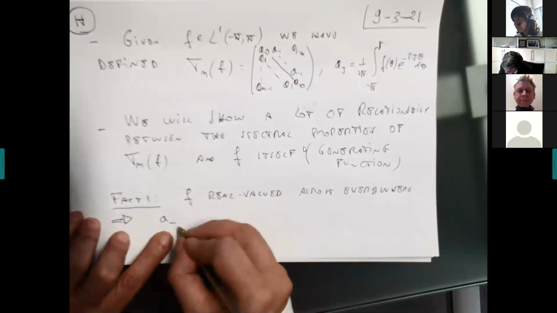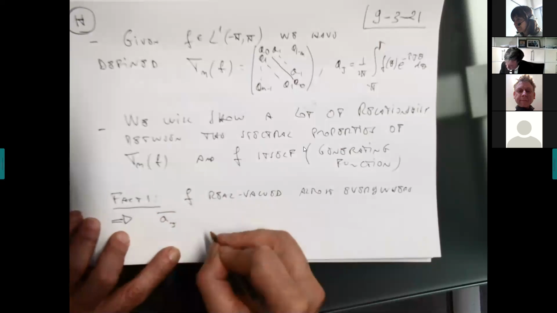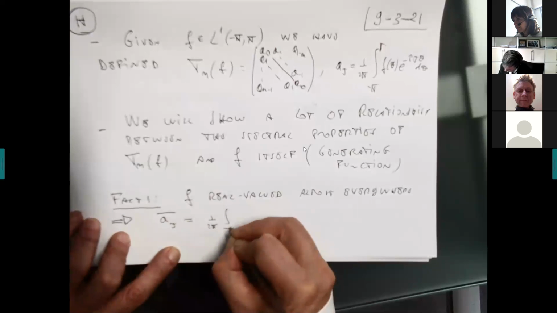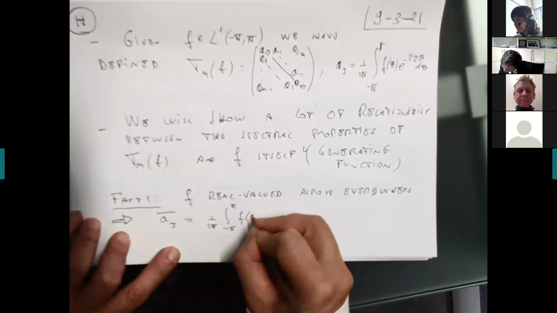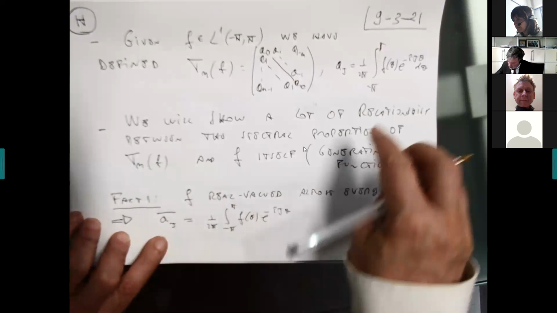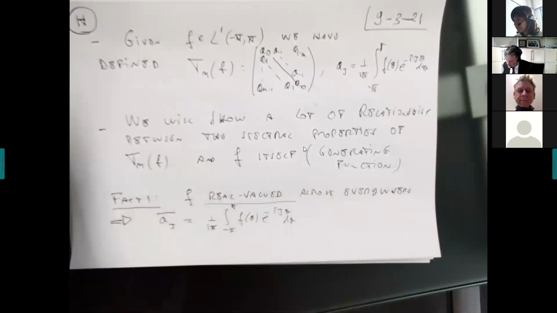a_{-j} equals a_j conjugate. It is equal to 1 over 2 pi integral from minus pi to pi of f of theta e to the minus i j theta d theta. I've written a_j, and then I have to make the conjugate. Now, the conjugate of a product is the product of the conjugates.